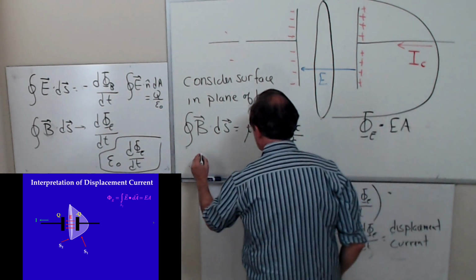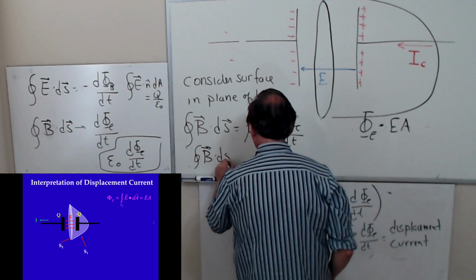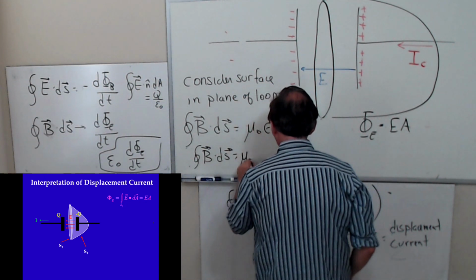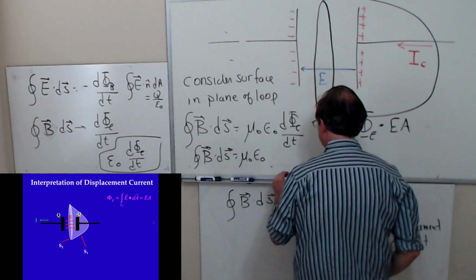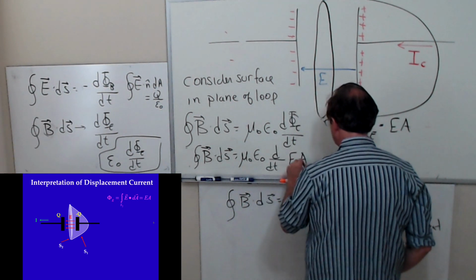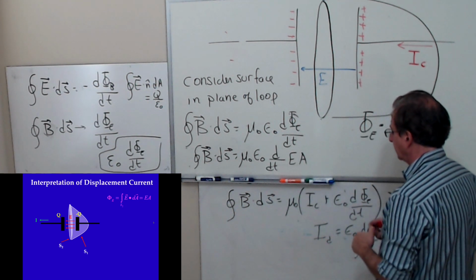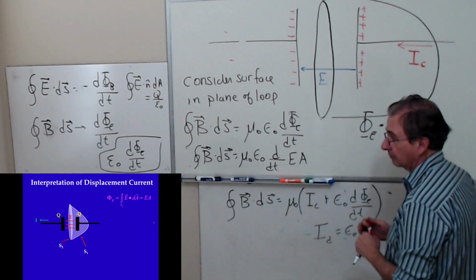So my integral of B dot dS is mu naught epsilon naught d over dt of E times A. Now the A is constant. Only the E varies with time.